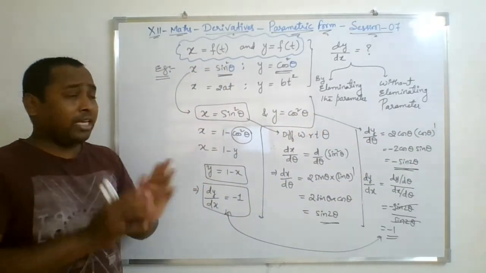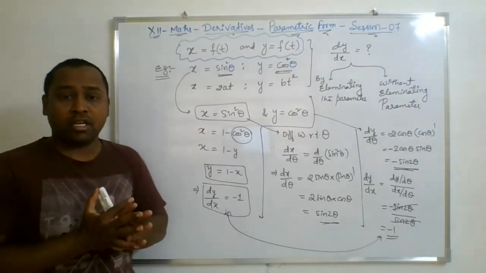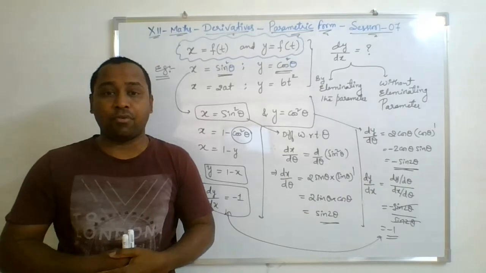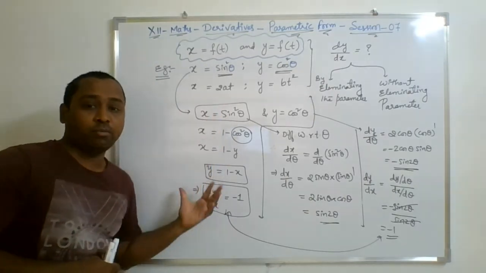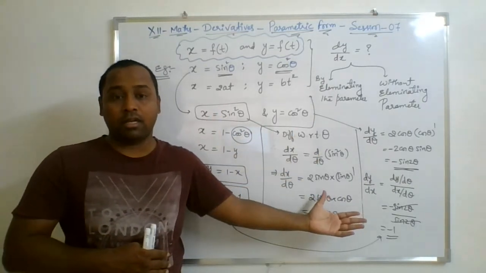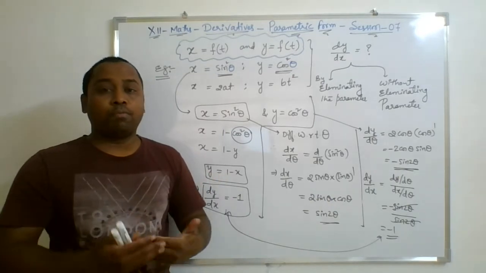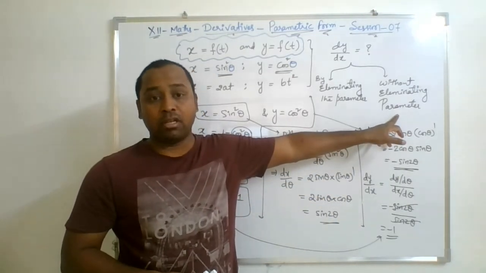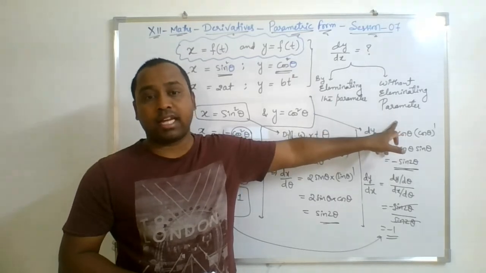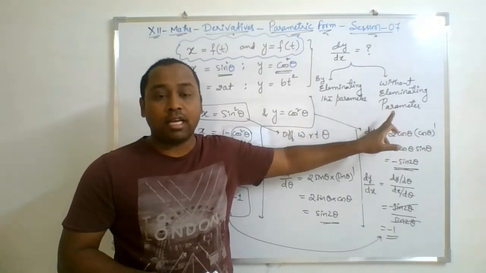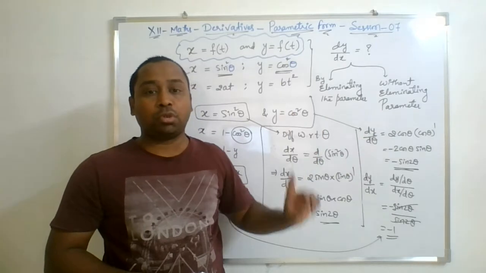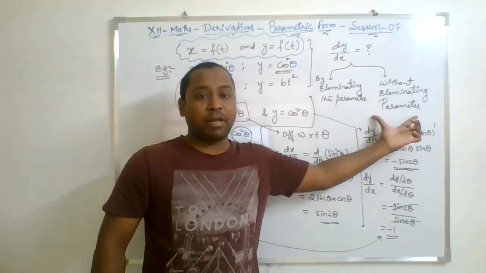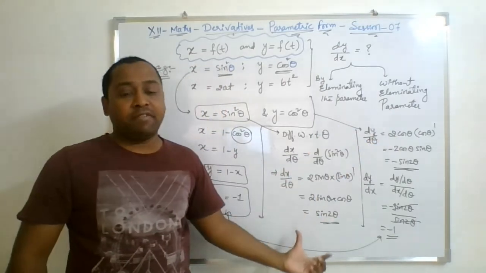If nothing is mentioned in the question, you have two choices in front of you, whether you want to go with this method or that method. So you need to practice first without eliminating the parameter, because in our exercise 5.6 they have mentioned that from question number 1 to 10, without eliminating the parameter, find dy by dx.